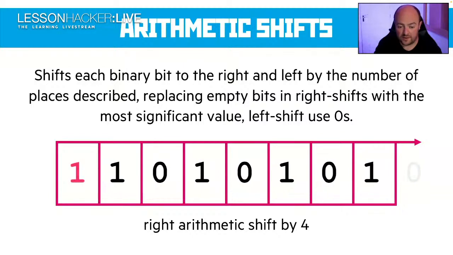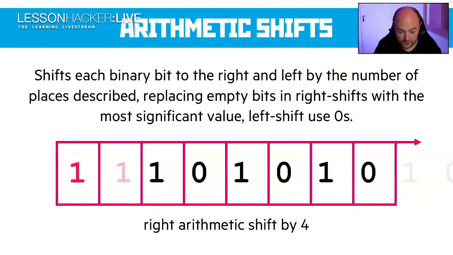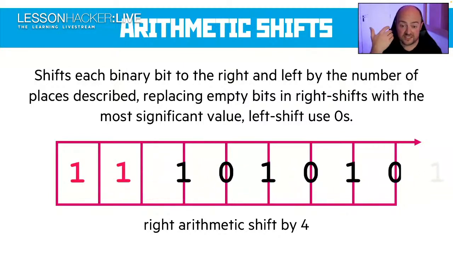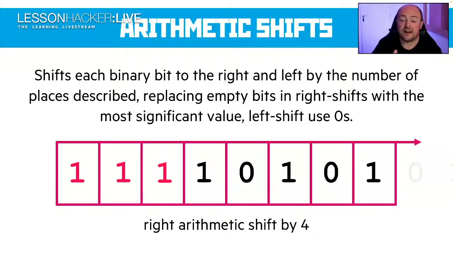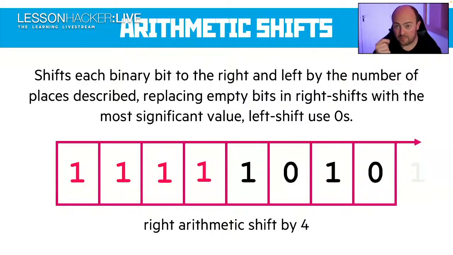So 1, 2. Why is it filling with 1? Because it's an arithmetic shift. An arithmetic shift, as it moves, fills the gaps with the leftmost value. That gives you a more realistic answer than replacing it with zeros, because that is going to be closer to what the multiplication would have been. Okay, just remember that all that shifting is doing is multiplying and dividing by powers of 2.